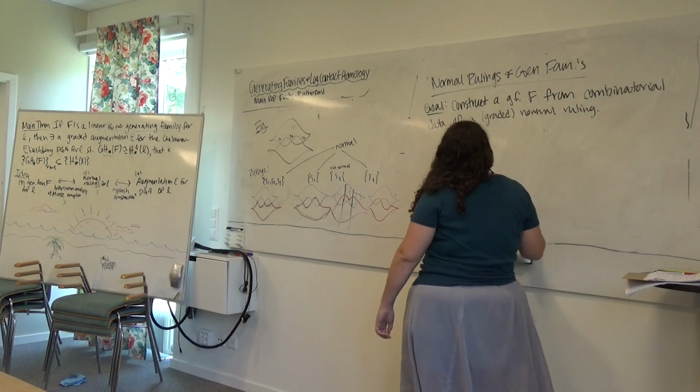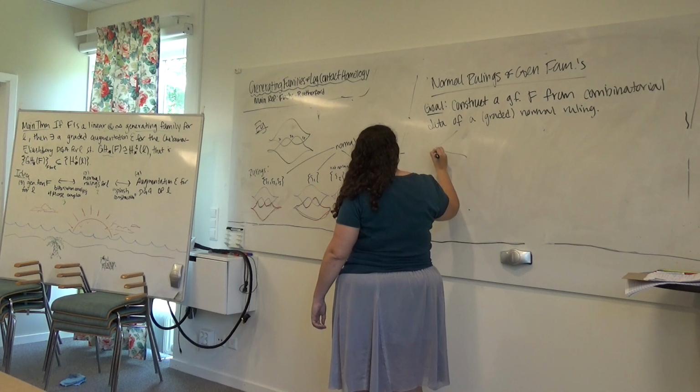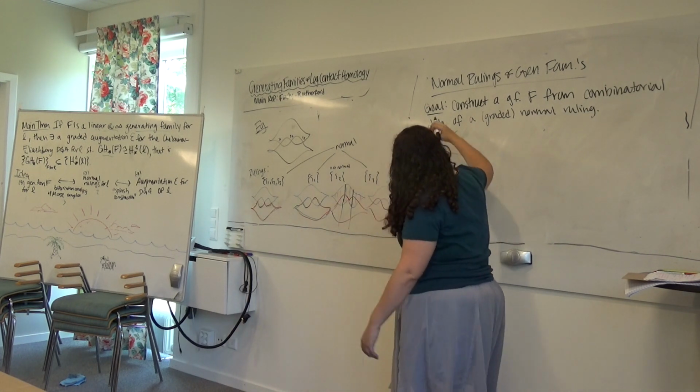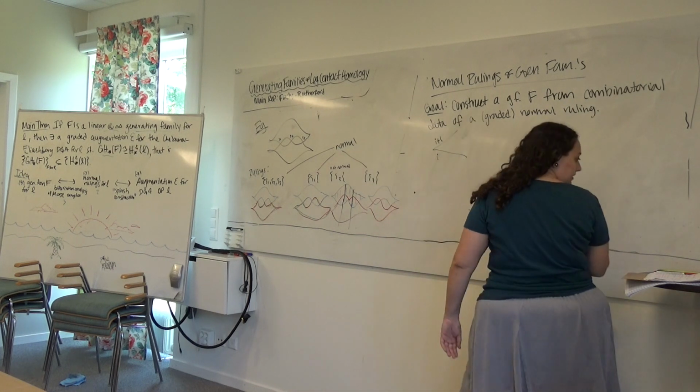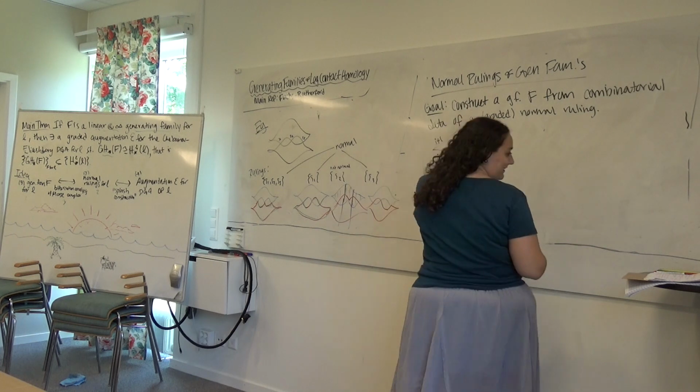But if you have a cusp, and this has a relative grading, you want it to go up by one, I plus 1, when you go up on a cusp, up as in the Z direction.